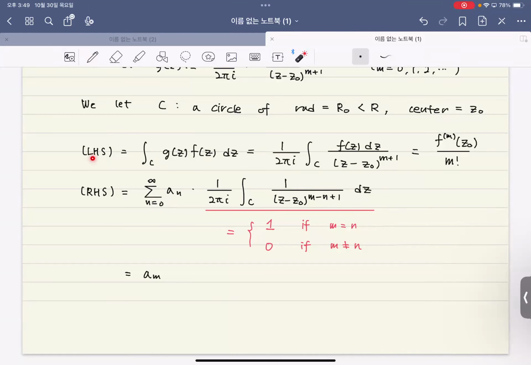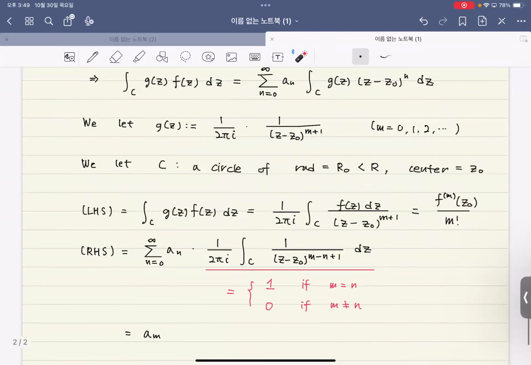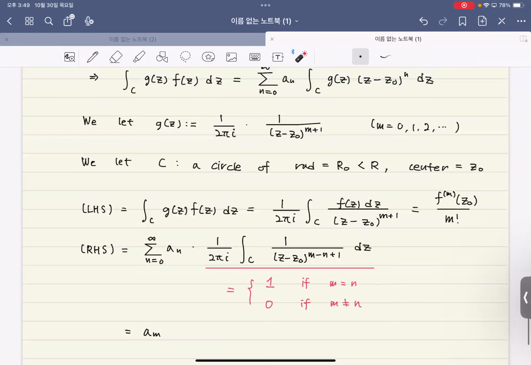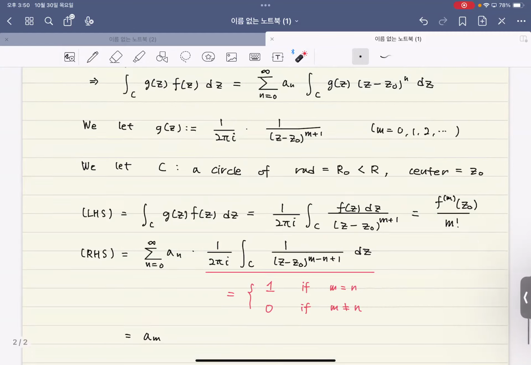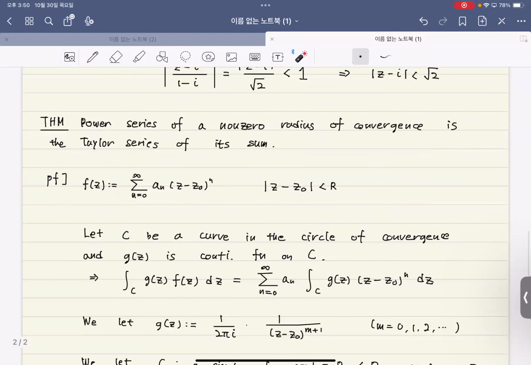Now compare the left-hand side and right-hand side, and we know those two are the same thing. So a_m is precisely the coefficient that was expected from the Taylor theorem. So every power series is the Taylor series of its own sum. Great.